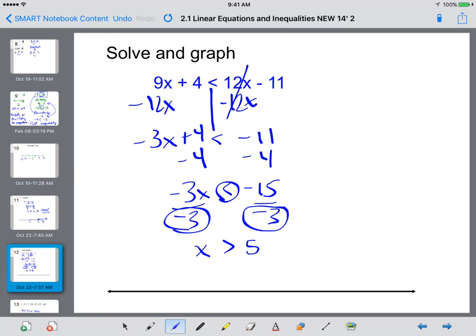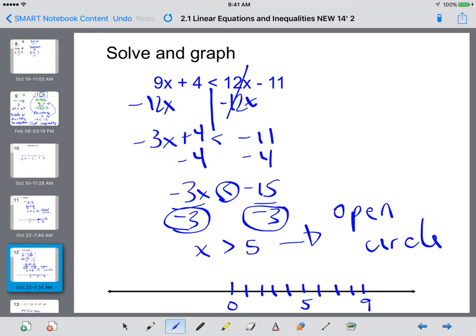So I'm going to make my number line here. Here is 0. There's 5. And then let's go a few past it. Let's go with 9 again. Now here there's no line underneath, so it is going to be an open circle. So I have an open circle at 5.